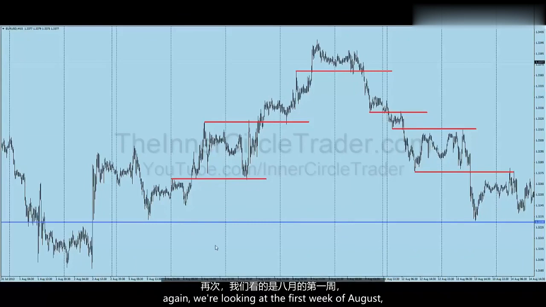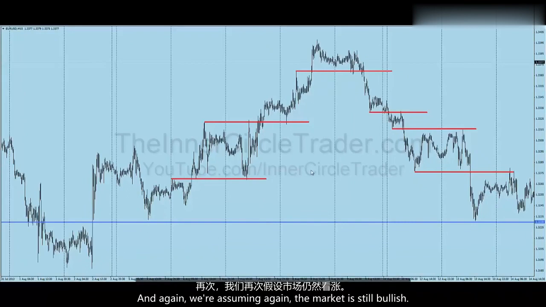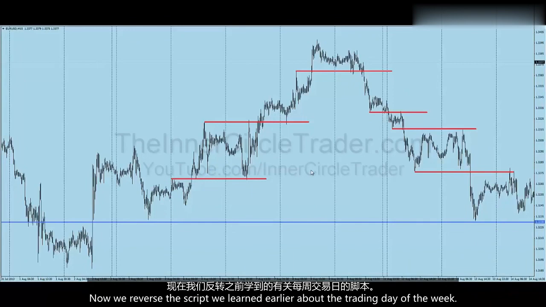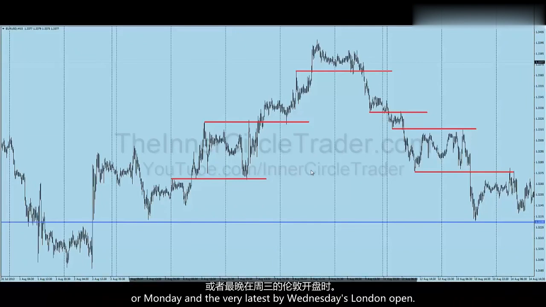Again, we're looking at the first week of August, and we're assuming the market is still bullish, so we'll be looking for the low of the week. Now we reverse the script we learned earlier about the trading day of the week. For down moves, we expect to see the high of the week formed by Tuesday's London Open, or Monday, and the very latest by Wednesday's London Open.